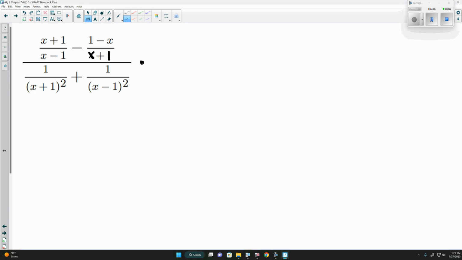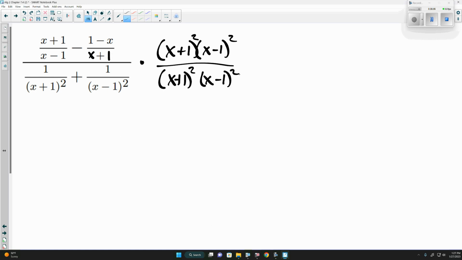And if we were wanting to do this here, we'd have to multiply top and bottom by x plus 1 squared and x minus 1 squared. So here we'd have x plus 1 cubed times x minus 1 over x minus 1.